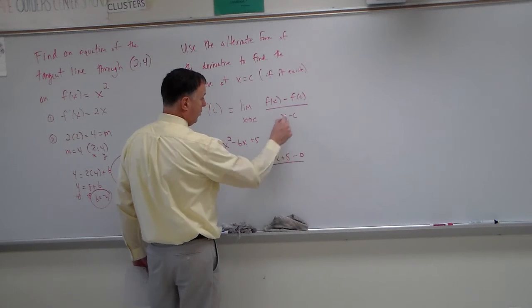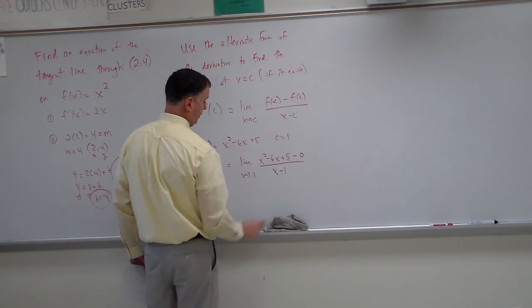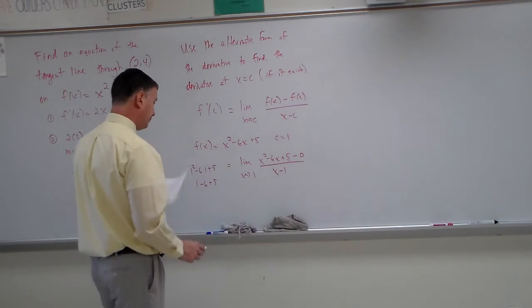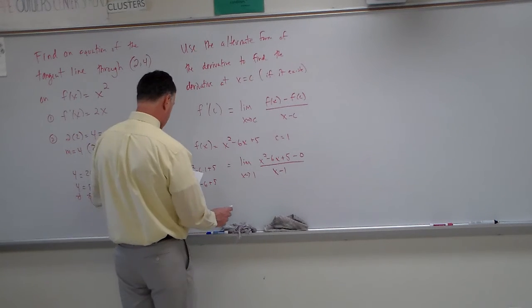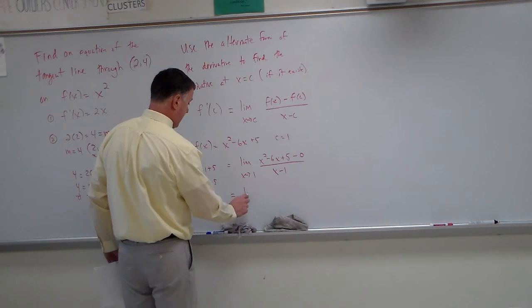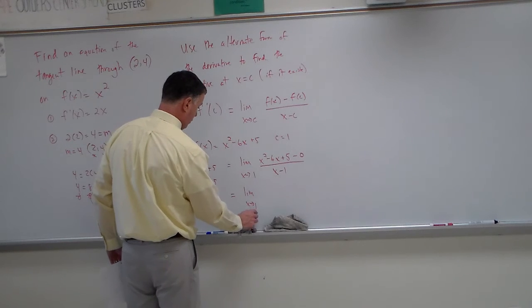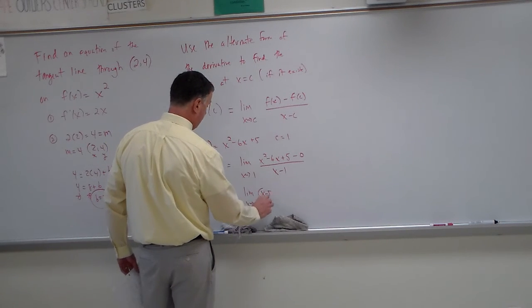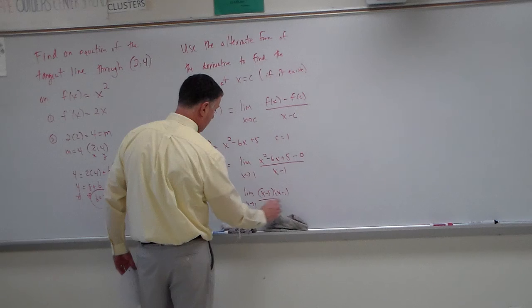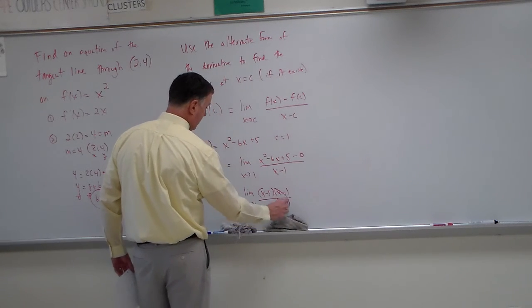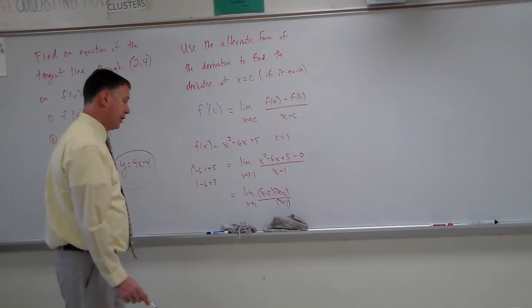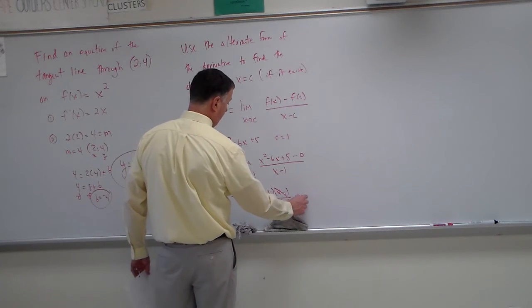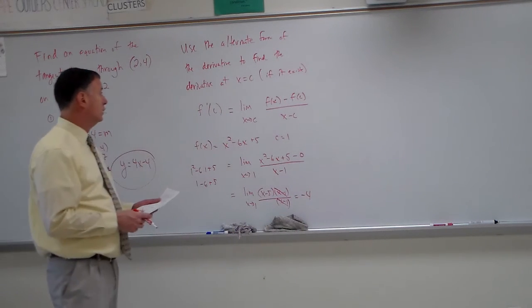And that's all over x minus c, x minus 1. So I want to see if I can factor that. So I've got the limit as x approaches 1 of (x minus 5)(x minus 1) over x minus 1. Those cancel. Now you can plug your 1 in. When you plug in a 1, we get negative 4.